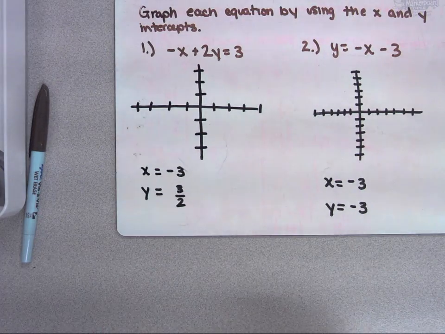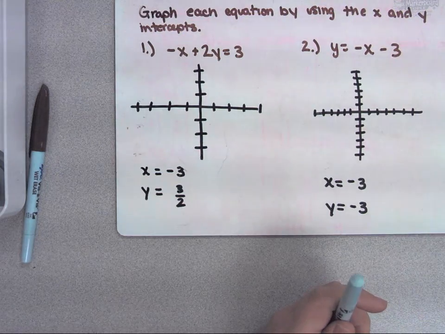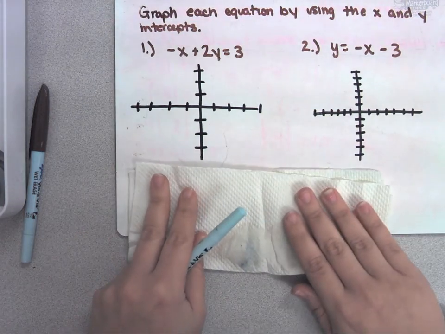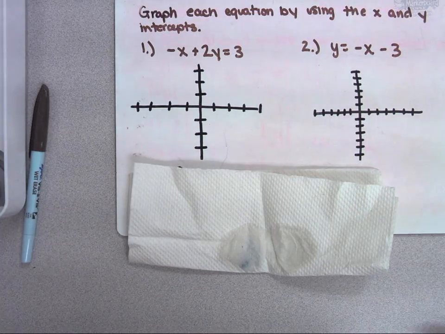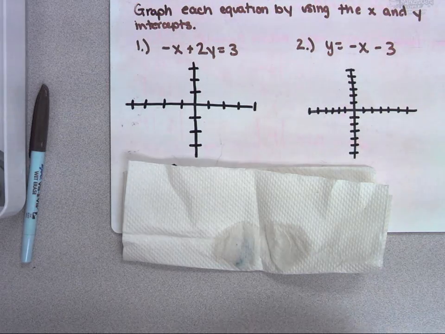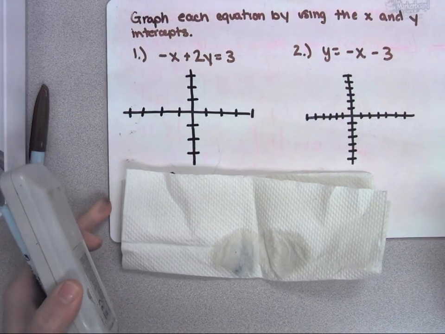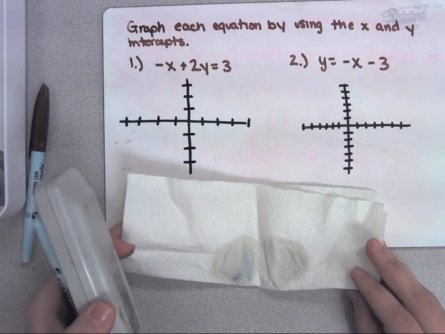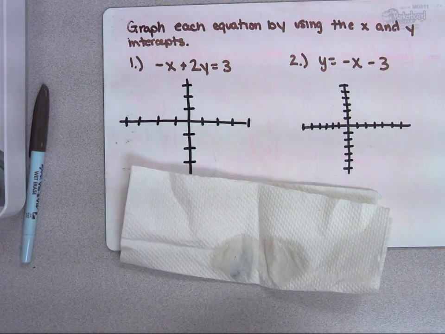Do we get our answers yet? I'm still hiding them from you. I just fixed my first graph so we can graph on it. You know you're doing it right if you get the same x-intercept for 1 and 2.